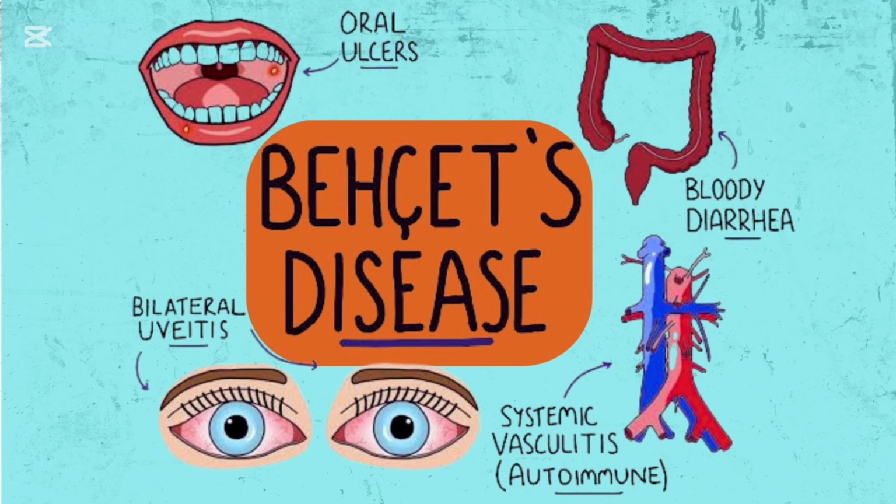They can have ulcers in the genital area, scrotal or vulvar, and these ulcers heal with scarring. Skin manifestations can occur in the form of erythema nodosum, papulopustular lesions, or sometimes acneiform nodules.